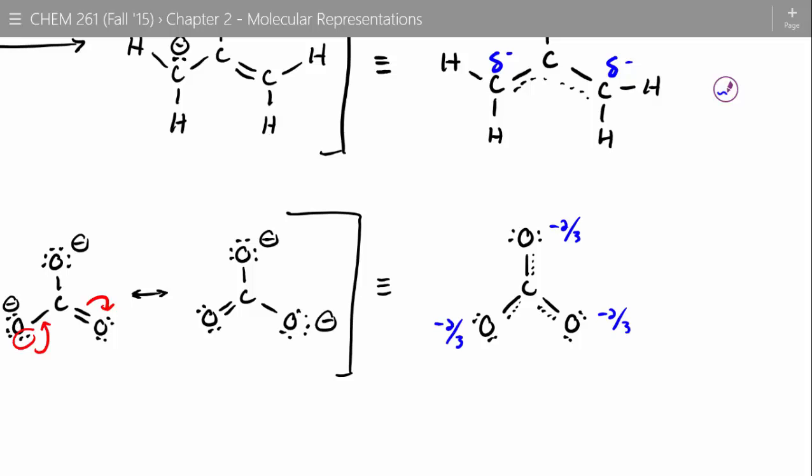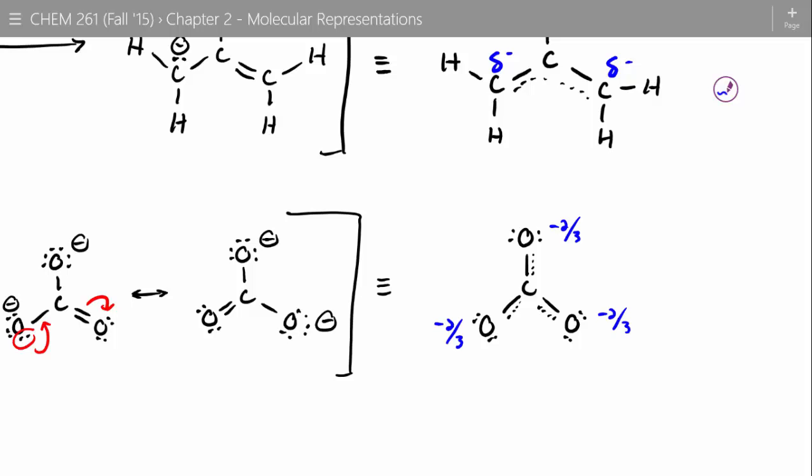So the hybrid is showing us that each of these CO bonds is actually the same length, and that the negative charge is being shared evenly across all of those oxygen atoms. This is much more stable than forcing one of the oxygen atoms to carry a full negative charge. It's making it a little bit less unstable by reducing that charge to -2/3. Does that make sense?